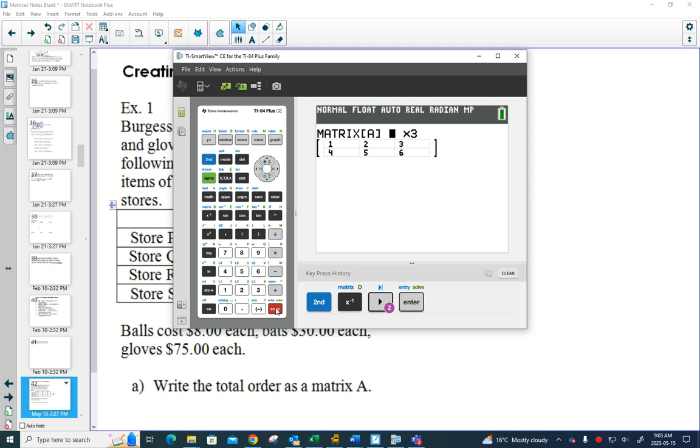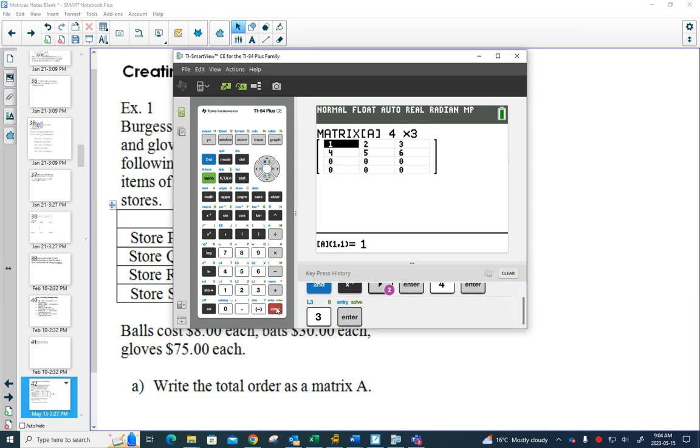We have 4 rows, 3 columns, and then we can just start putting the numbers over top. 70, 30, 22.